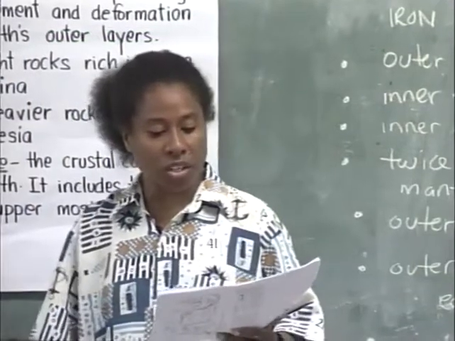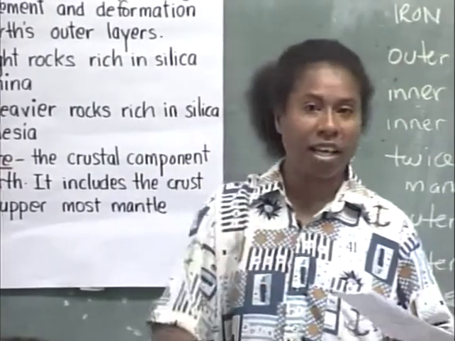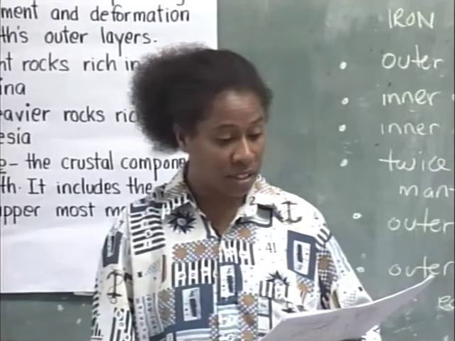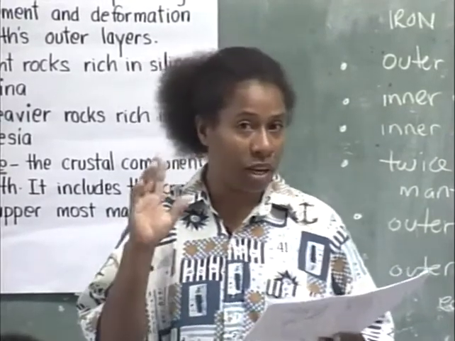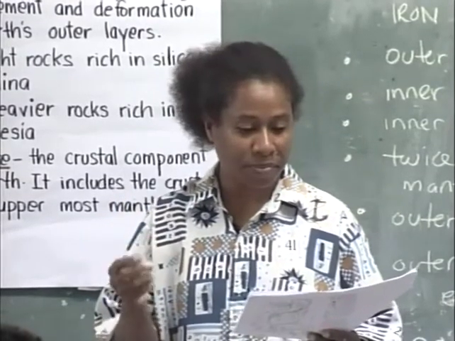This layered structure can be compared to that of a boiled egg, as mentioned earlier in our lesson. So if we pick up a boiled egg, I hope you're all imagining boiled eggs.